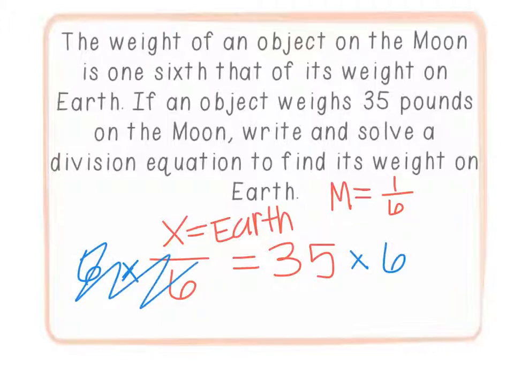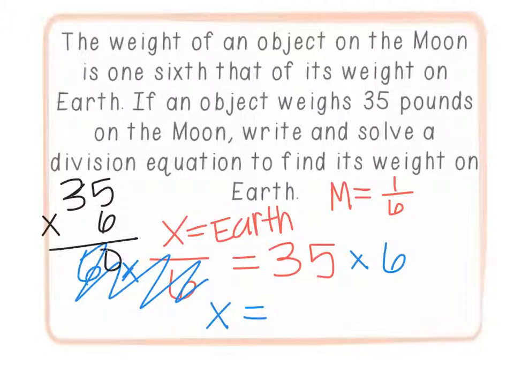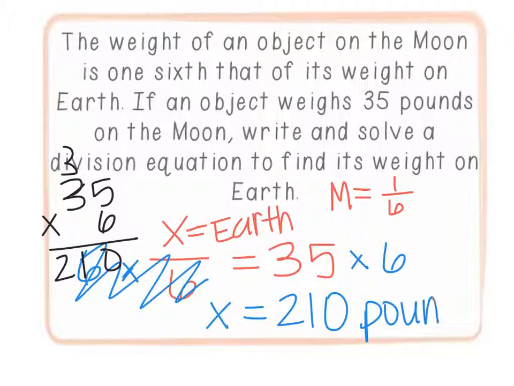I'm going to cancel that out. X equals 35 times 6. I'm going to do that over here. 6 times 5 is 30. 6 times 3 is 18, plus 3 is 21. So x equals 210 pounds on Earth.